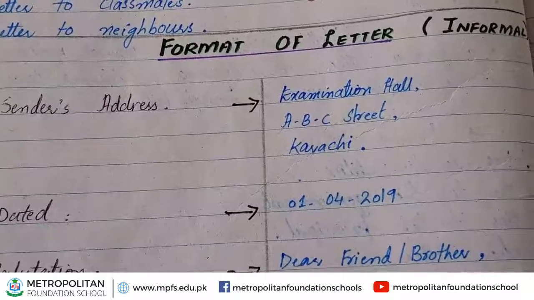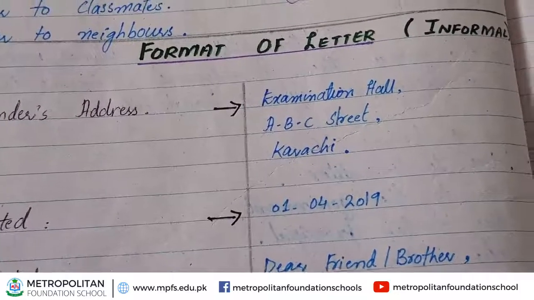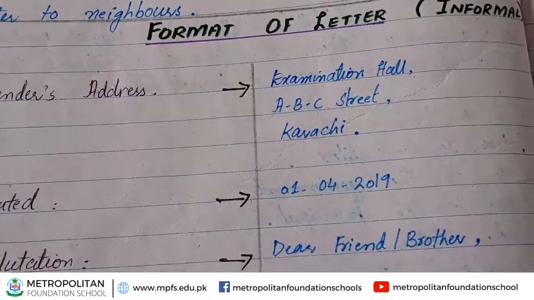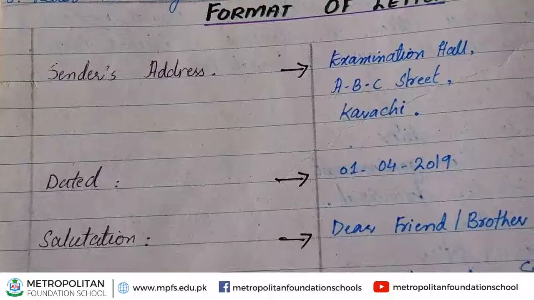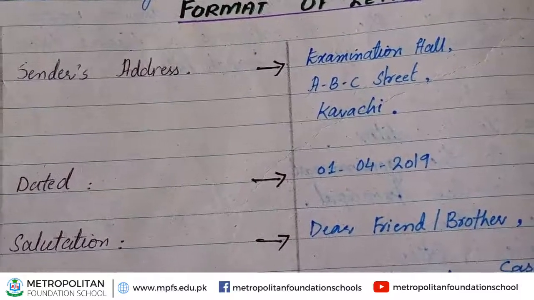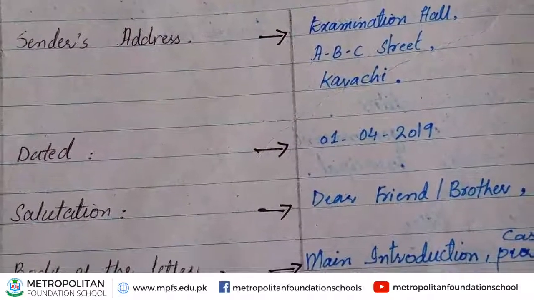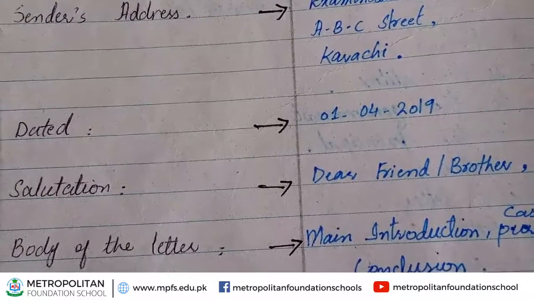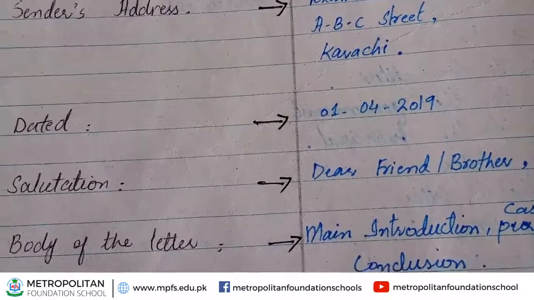And now we come to the second type of letter format, informal. Now we are talking about the informal letter. So what is the format of this? First we use the sender's address, like examination hall, ABC Street, Karachi. Then after the sender's address, we write the date, 1/4/2019.